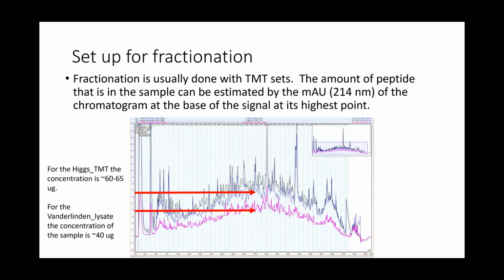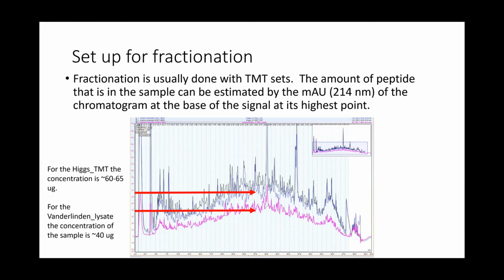And so this is really the only other time that we can quantify the amount of peptide that we're going to have. Now we also do, for our TMT experiments, a ratio check where we can quantify the amount of sample in each label relative to each other. But this is a way that we can have an idea of how much peptide we actually have.